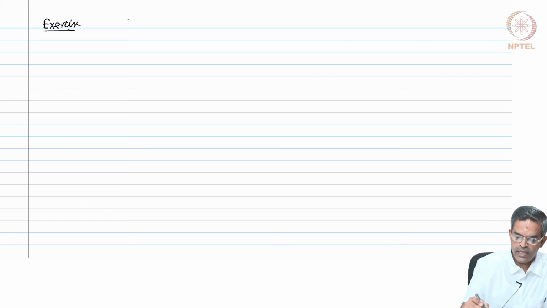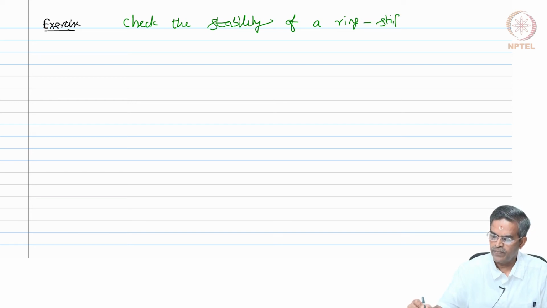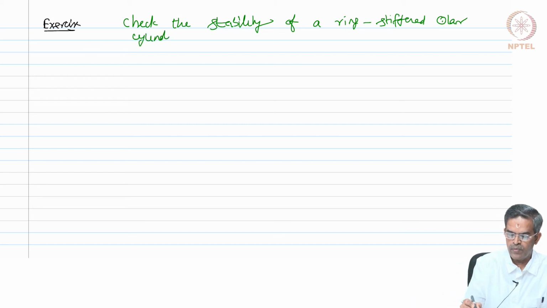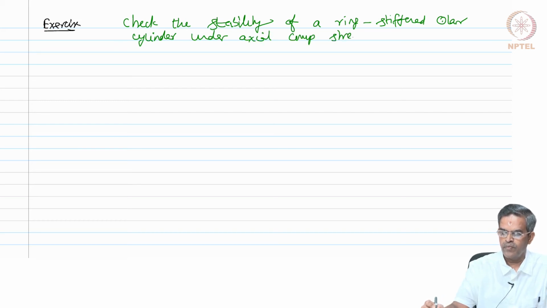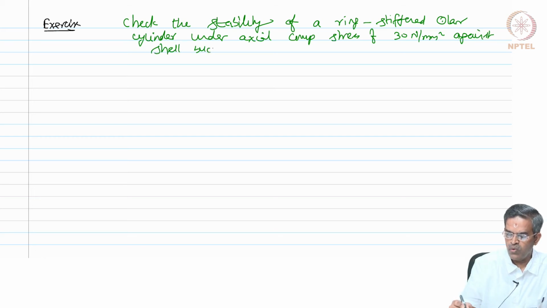We will check the stability of a ring stiffened circular cylinder under axial compressive stress of 30 Newton per mm square against shell buckling. We will just look only at one mode of failure.